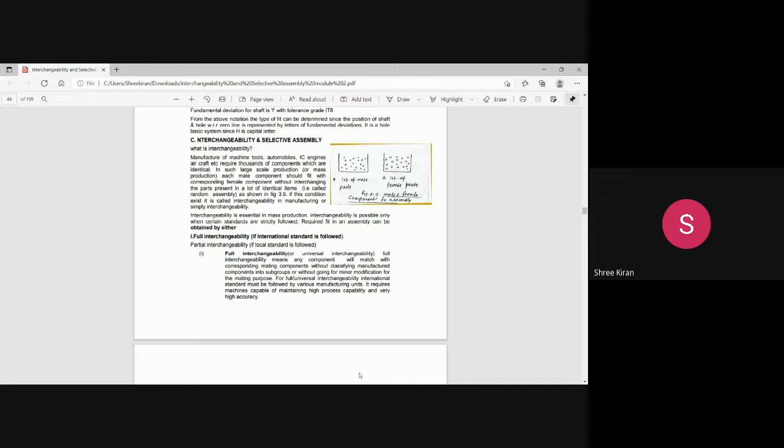Regarding the combination of two parts, we have already discussed this in the same module, in the case of limits and fits, and also the principles of tolerance, all those aspects. So when we come to interchangeability, the name itself tells what we mean. Can anyone of you tell me what you mean by interchangeability?